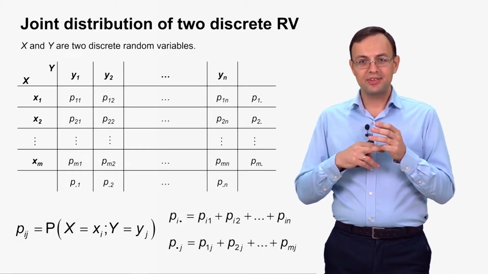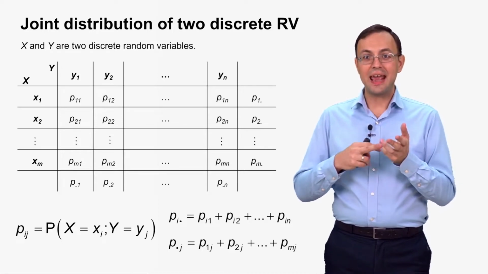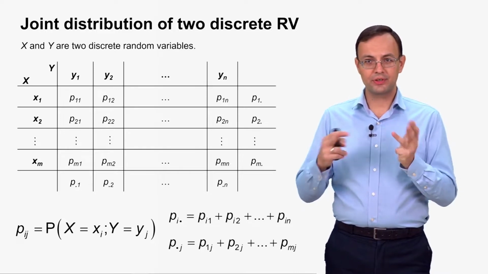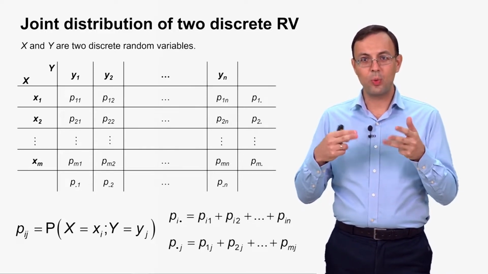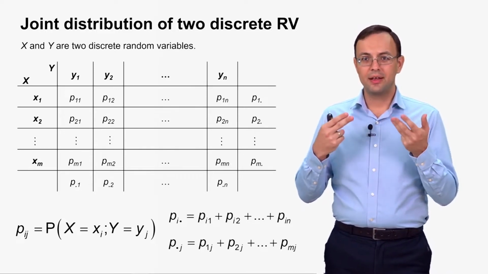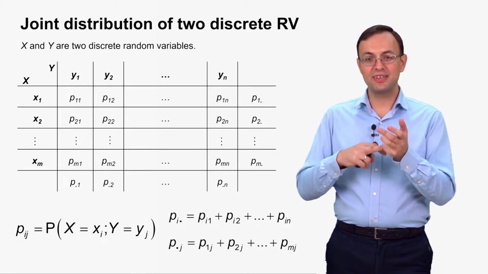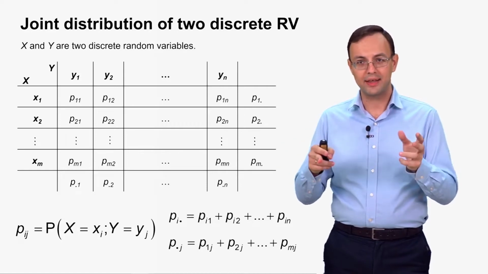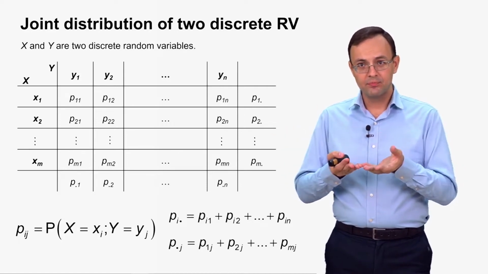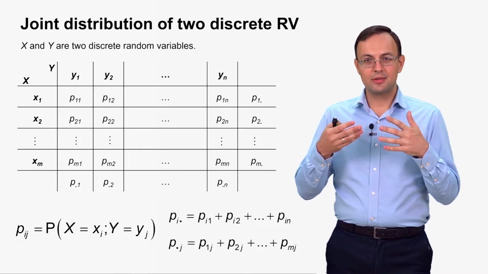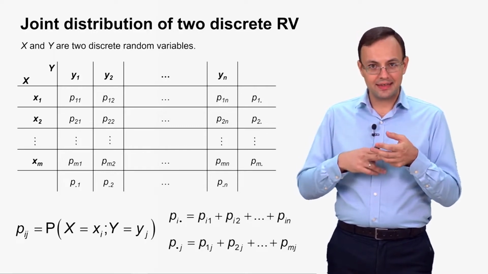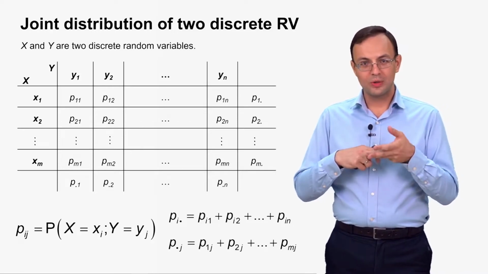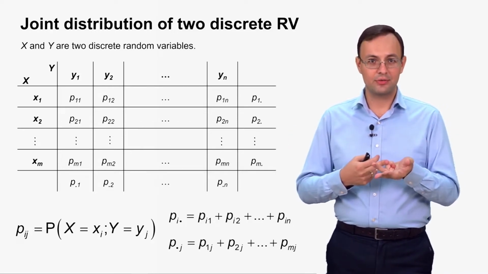So these are all probabilities that x is x1, and they differ only in the value of y. When we add them, we get the probability that x is x1 and y will take any of its possible values.